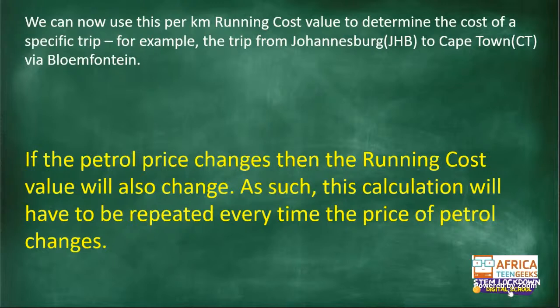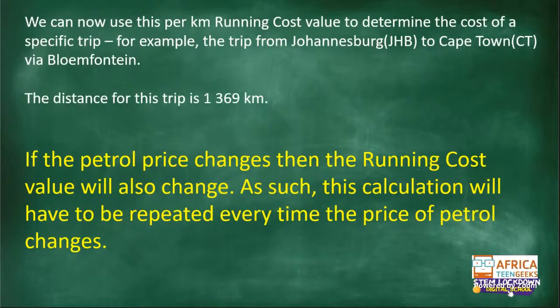So we can now use this per kilometer running cost value to determine the cost of a specific trip. For example, let's take a trip from Johannesburg to Cape Town via Bloemfontein. And of course, the distance for the trip is 1,369 kilometers.